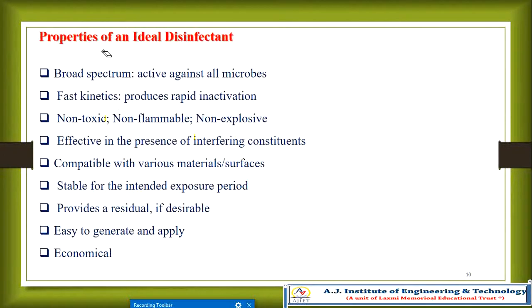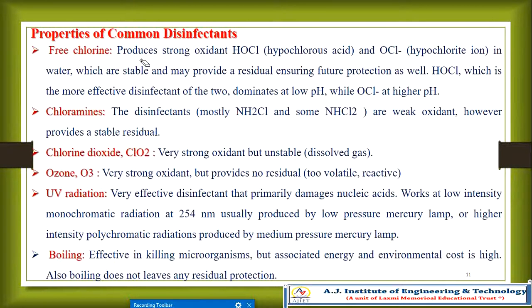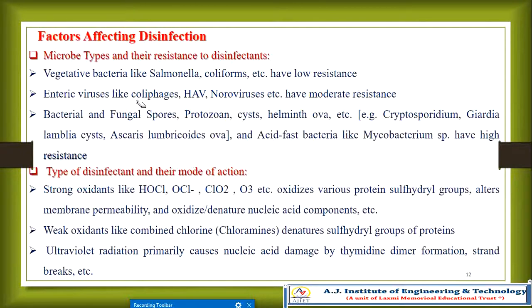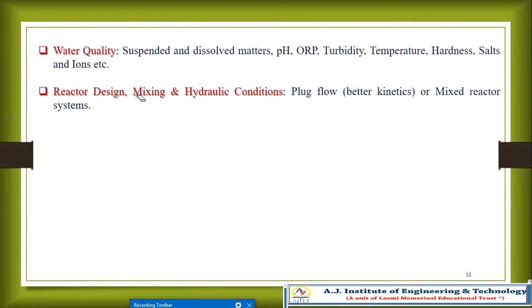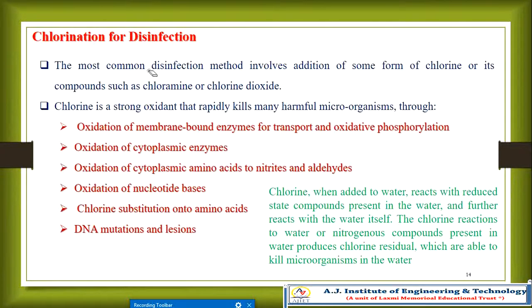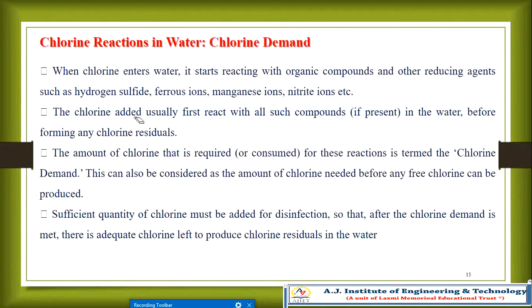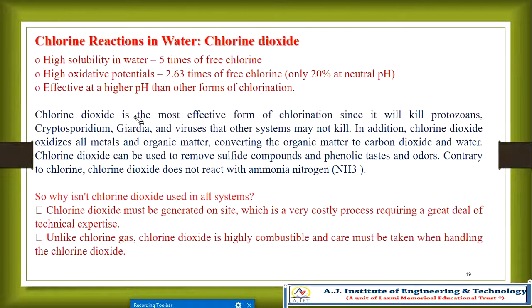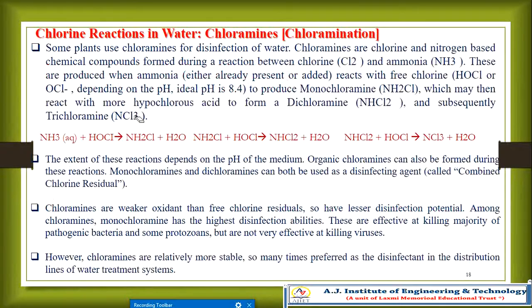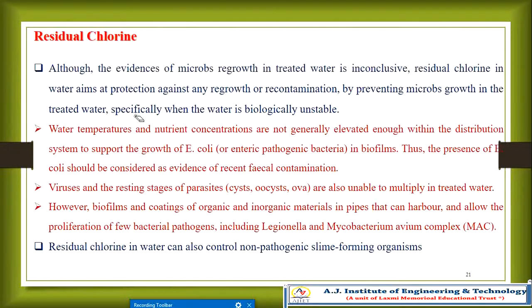We also covered the properties of an ideal disinfectant, common disinfectant properties, factors affecting disinfection, as well as chlorination for disinfection. That is the next slide. We are going to discuss chlorine, very important. Okay, thank you very much.